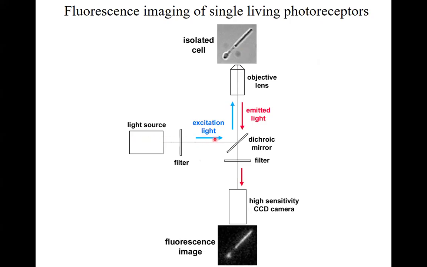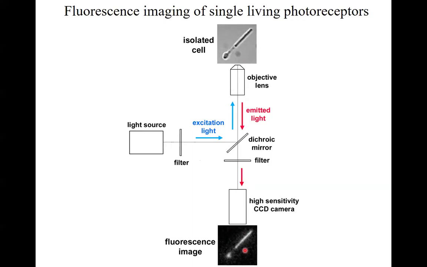We select a particular excitation light, reflected by the dichroic mirror, focused by the objective lens onto the cell. The cell emits fluorescence. The lens collects the fluorescence, and the emitted light goes through the dichroic mirror. We select particular wavelengths that we are interested in, and it goes on to a high sensitivity CCD camera, and you can actually see the fluorescence image of the cell here.